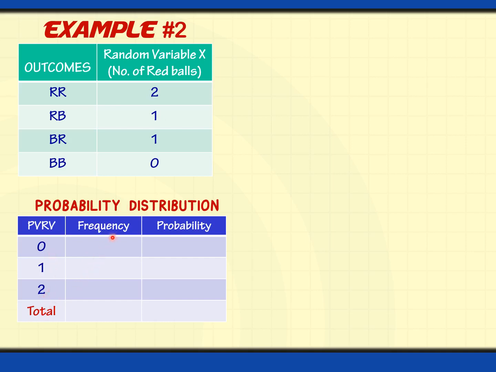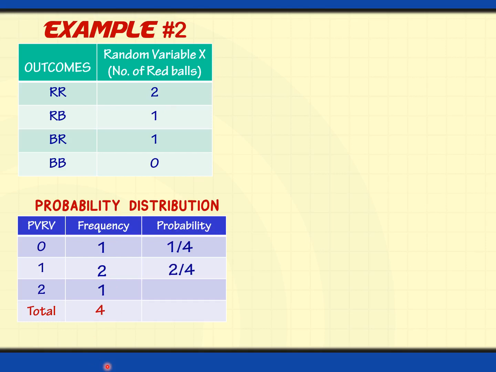To get the frequency, look here at how many times 0 appears. You will have 1. For 1 red ball, you have 2. And for 2 reds, you will also have 1, a total of 4. Then the probability is the number of occurrences over the total. So that will be 1 over 4, 2 over 4, or 1 half.